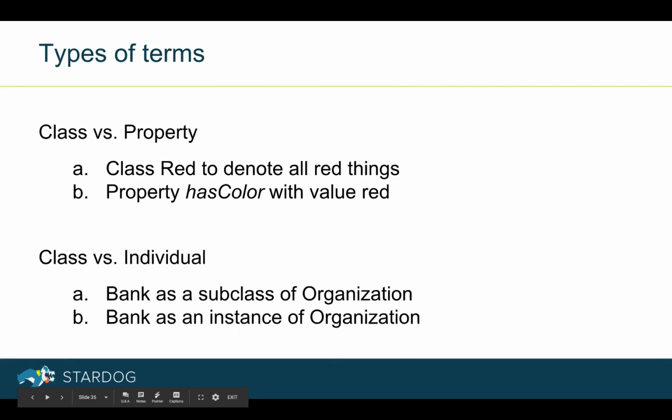Or class versus individual, where if you have, say, a bank class, should that be a subclass of an organization class? Or should the bank itself be an instance with type organization? There really isn't a right or a wrong answer to these questions, as it is entirely dependent on what makes sense for your use case. The important thing is that you are consistent across the entire ontology.